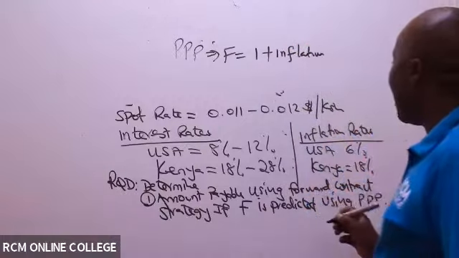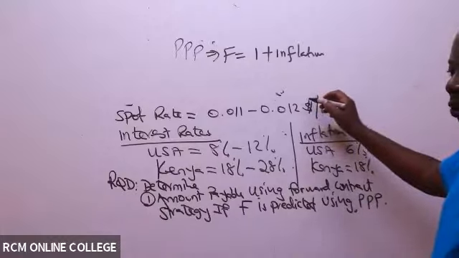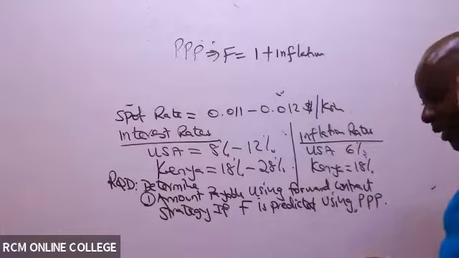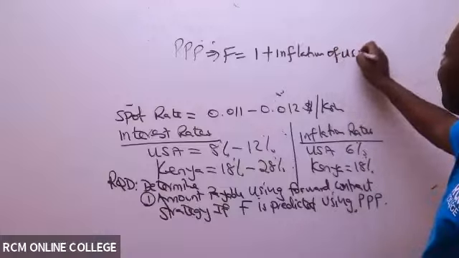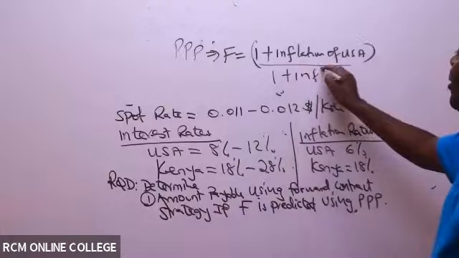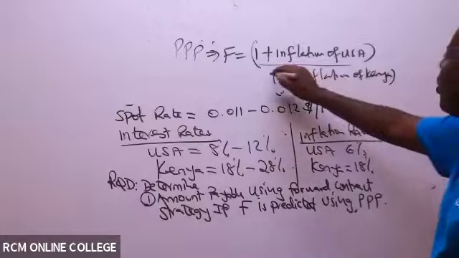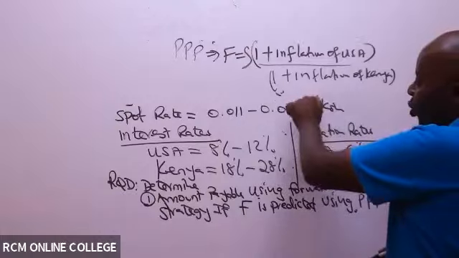In which country here? Look at how this has been expressed. Is there somebody who was able to know that US is the top country? Yes. So inflation of USA all over 1 plus inflation of Kenya. I forgot in this case here S in front there. So you always look at the expression of this.